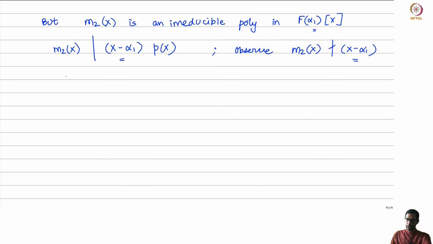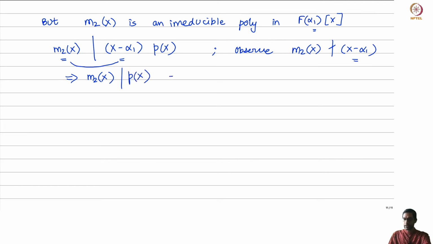So now what does this mean again? You can think in terms of the fact that m2 of x is a prime element of the ring F(alpha 1)[x], or in terms of unique factorization, the fact that this is a UFD and so on. So the point is these two are relatively prime to each other. Therefore m2 of x has to divide the other term, which is p of x.